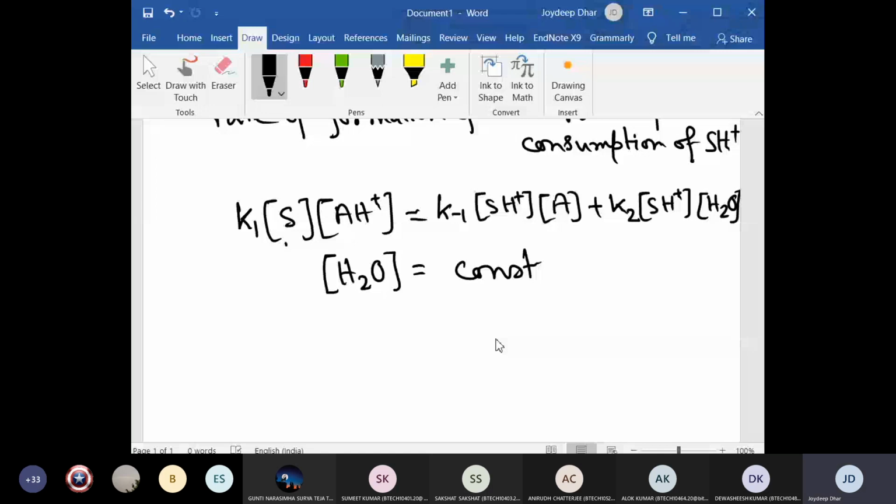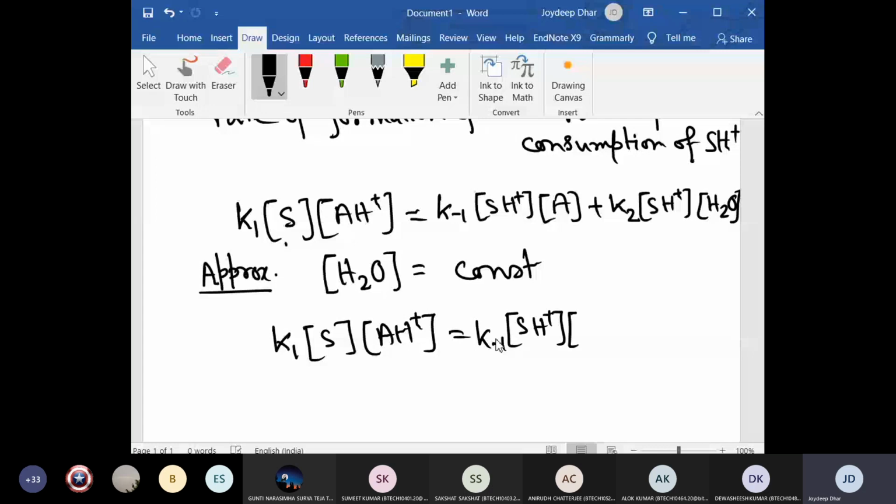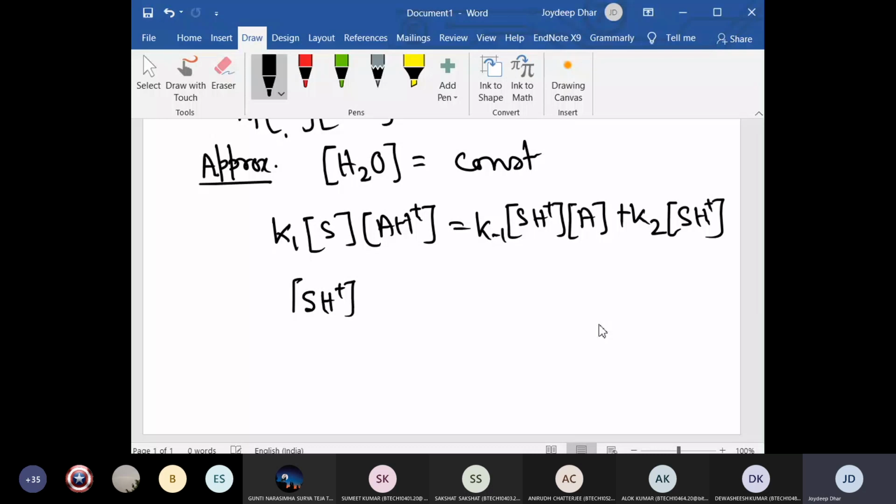So your rate equation I can write as K1 S AH+ equals K minus 1 SH+ A plus K2 SH+. So now if I rearrange, then I can get the concentration of SH+, which is the unknown here.